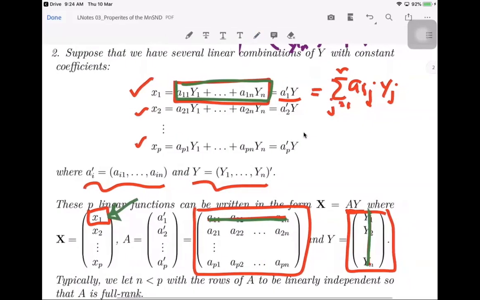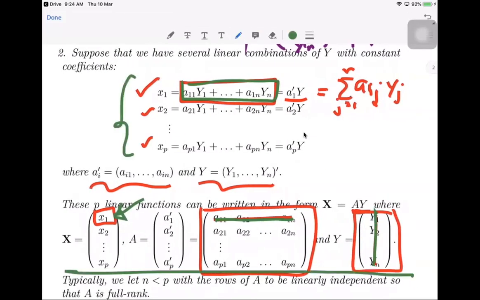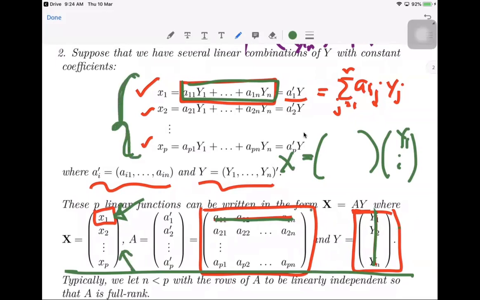This is your matrix notation. So the matrix notation, you write as A times your Y. And this is your X. So X is a vector of x's. Your A and your Y will produce this one. Okay?